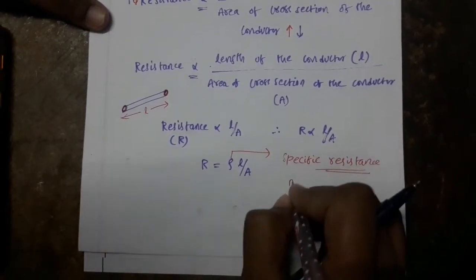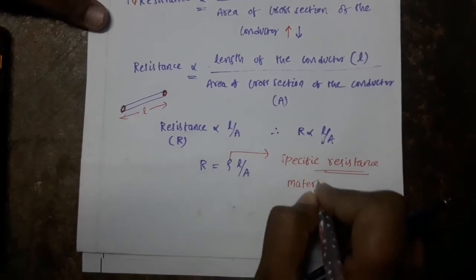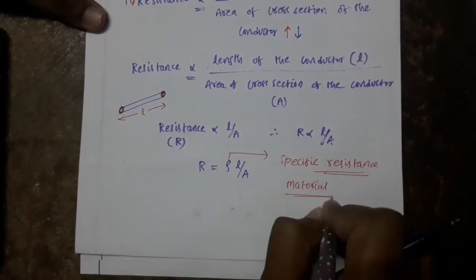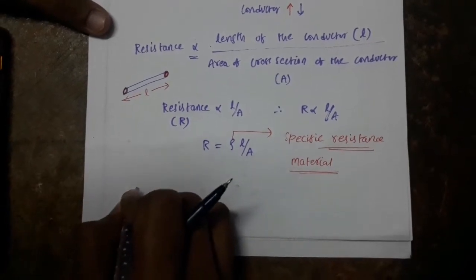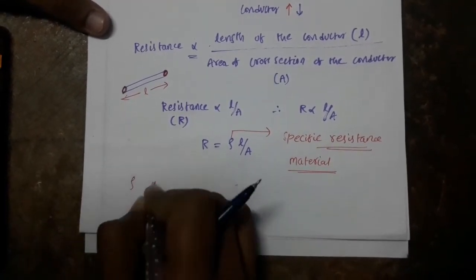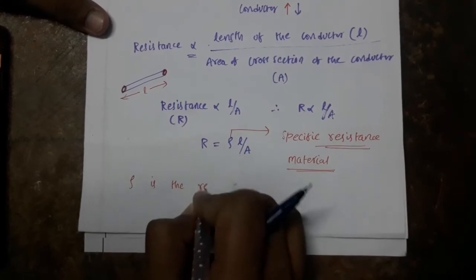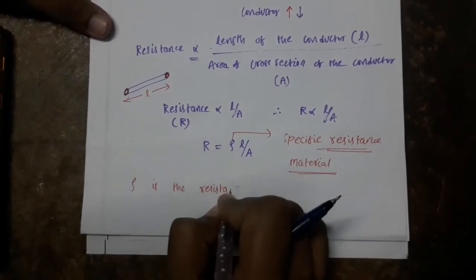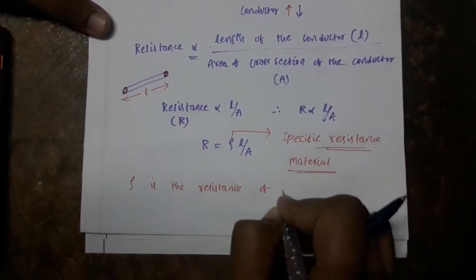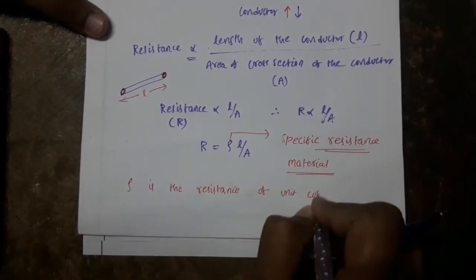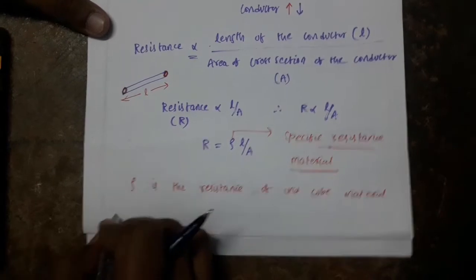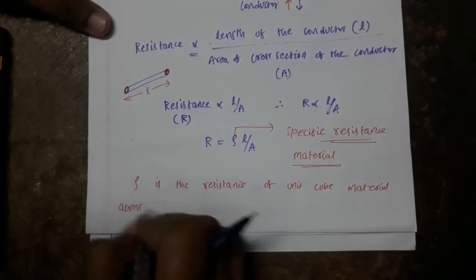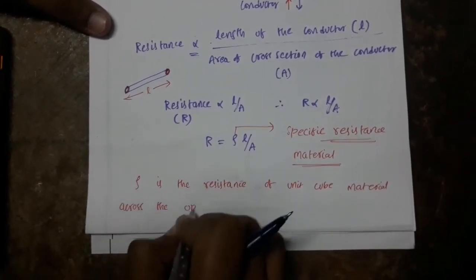This depends upon the type of material. Specific resistance is the resistance of a unit cube of material across the opposite faces.